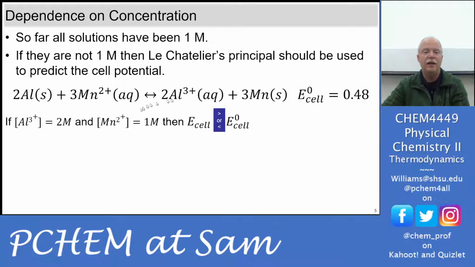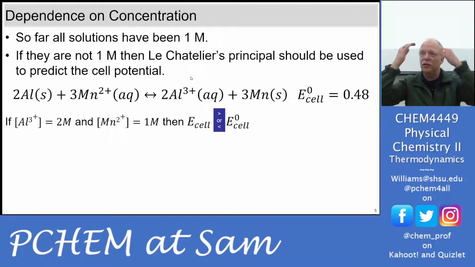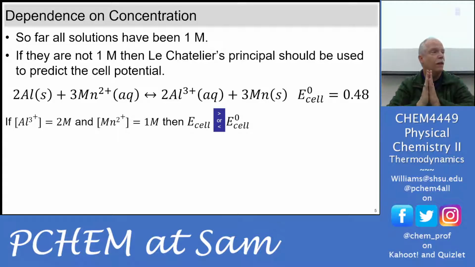The aluminum. That's a product, and it's greater than 1 molar. The standard cell potential is for 1 molar solution. And now we have 2 molar solution on the product side. So can you do the Le Chatelier's principle? What are we pressing on? We're pushing on products. We're adding more products to this reaction.